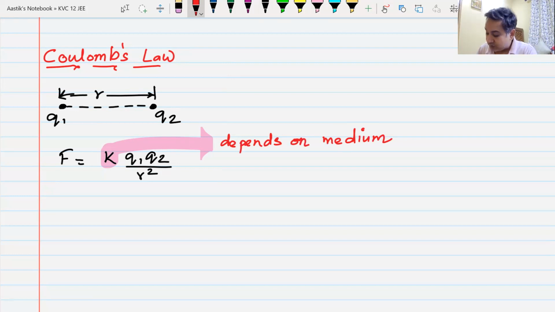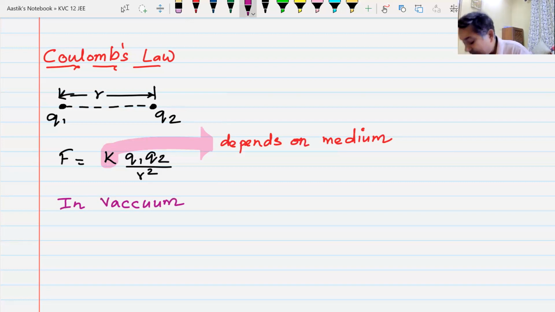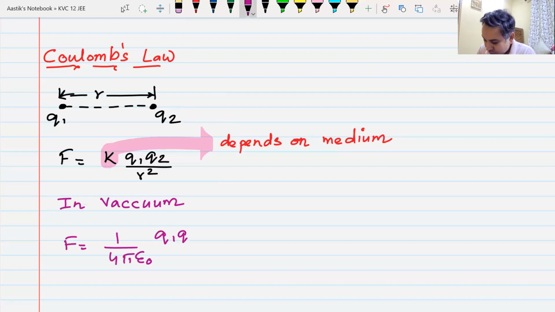If I talk about this force in vacuum, and I hope you have the notes, you can just add my notes in that note that you have. In vacuum, the force can be written as 1 by 4 pi epsilon naught Q1Q2 divided by r square.